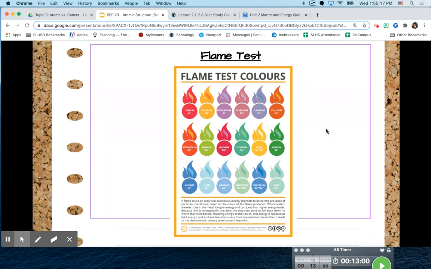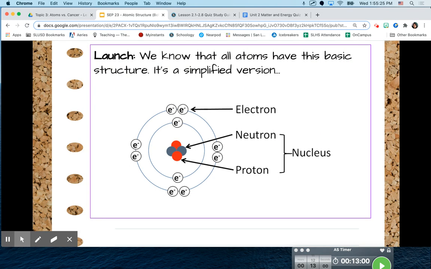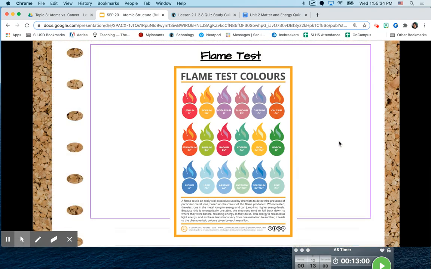After that, we did one more experiment talking about how we figured out that atoms moved in this ring-like orbital or shape. It's the same way we use fireworks.